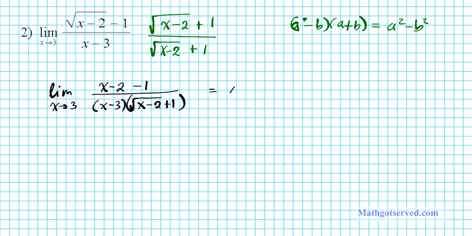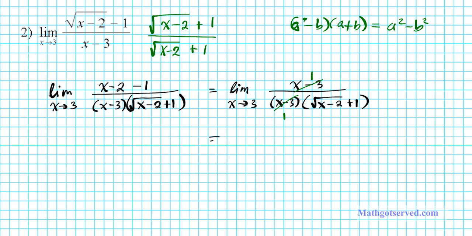We'll have the limit as x approaches 3 of x minus 3 divided by the quantity x minus 3 times the square root of x minus 2 plus 1. Now these two are identical, so we can divide the numerator and the denominator by x minus 3.